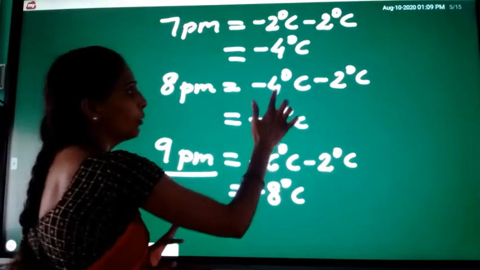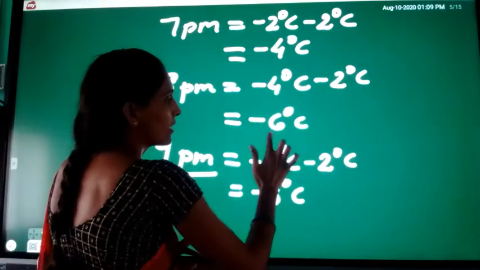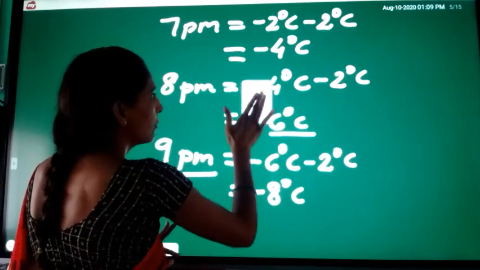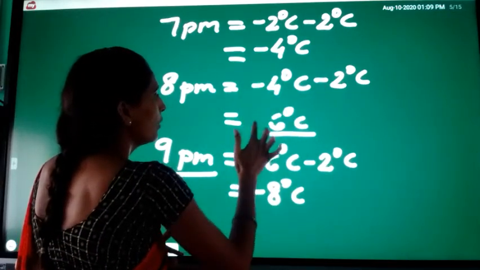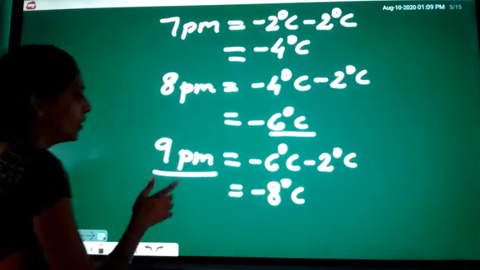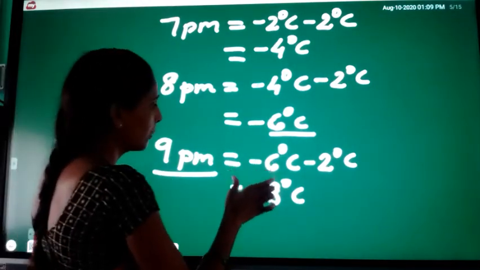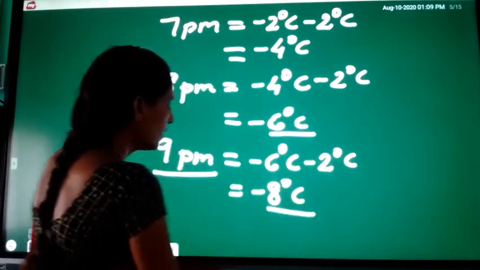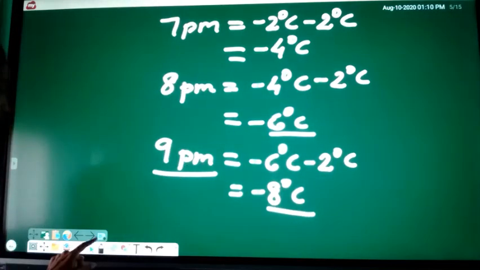So 4 plus 2 is 6, and both are negative, so we'll put a minus symbol. At 9 p.m. the temperature will be -6 minus 2, which means -8 degrees Celsius.